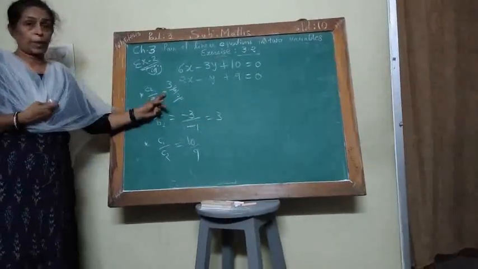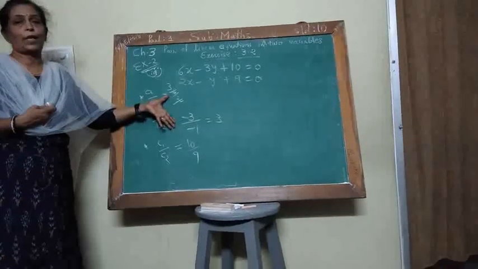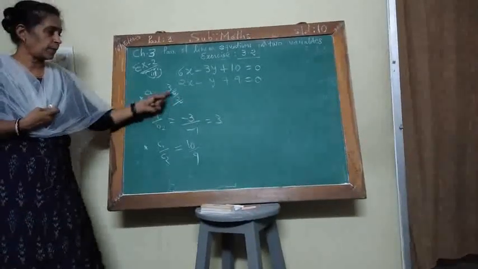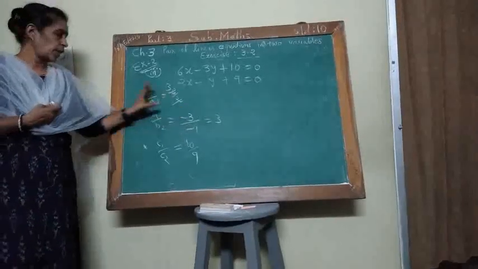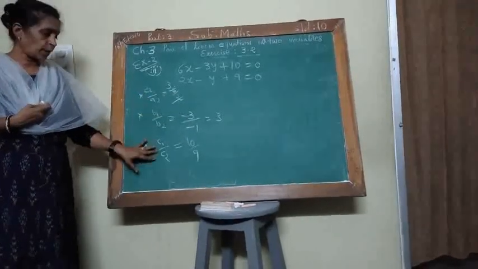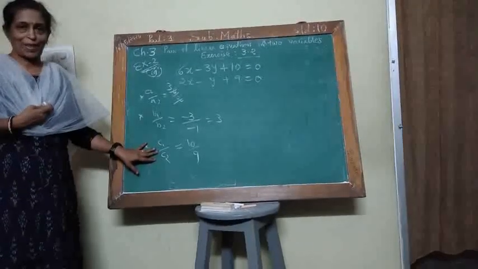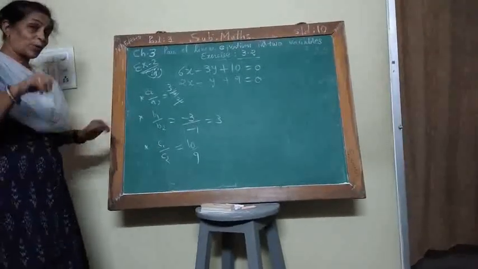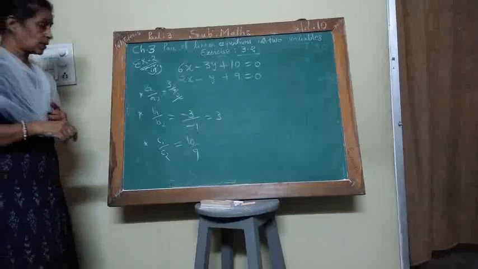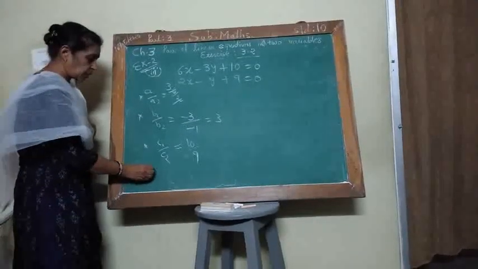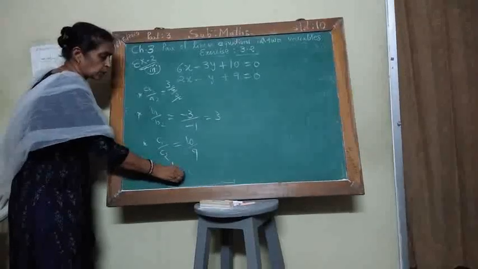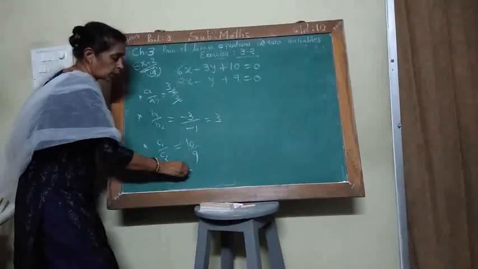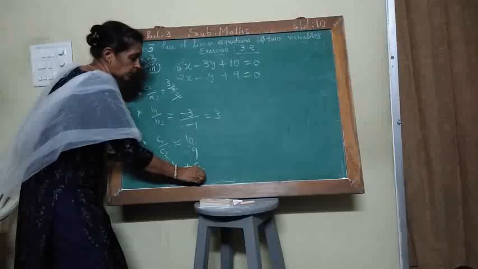So do the simplification, otherwise you would say that both are not equal. But if you simplify them, you get the same value. So be careful: these two ratios are the same and the third ratio is not equal. So which case do we obtain? The last case, where a1 upon a2 equals b1 upon b2 is not equal to the third ratio c1 upon c2.